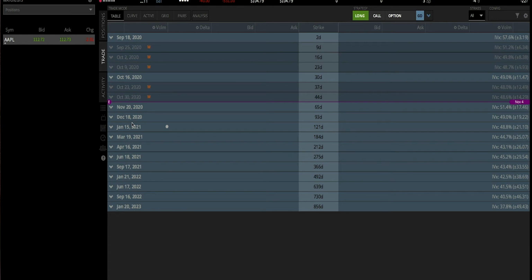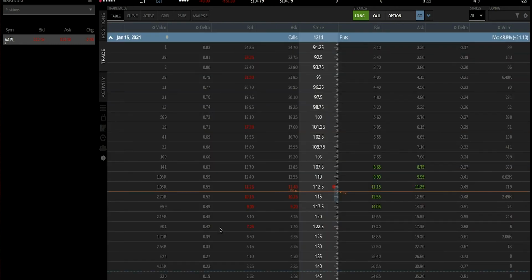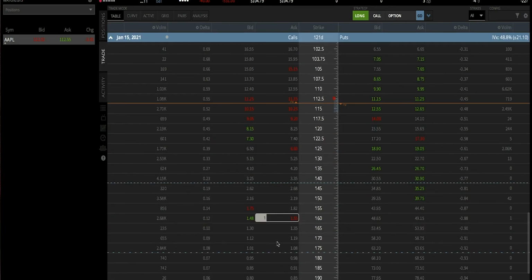Now some people might be aware of LEAPS. Now LEAPS are where you buy a contract that is 1 year out. So 1 year out, you would, for instance, with Apple, I have some LEAPS on the January 15th. They will generally be a lot more expensive, these contracts, because of the fact you have that time value factored within that contract price. So time value will make up a considerable amount of that contract price.